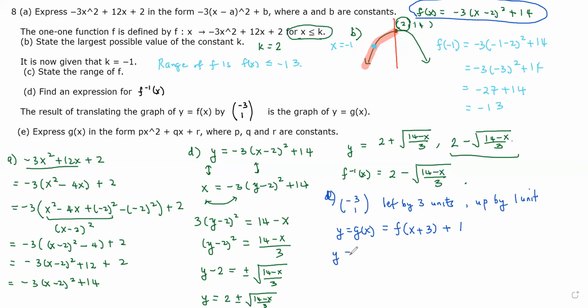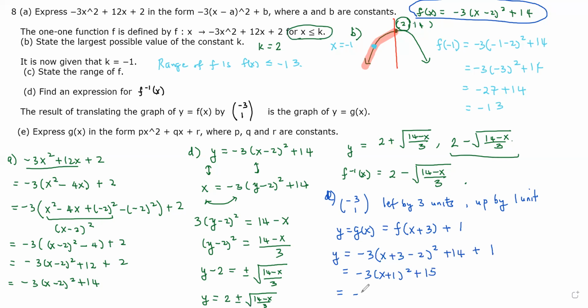So y now is g of x. We have negative 3, the x is replaced with x plus 3: x plus 3 minus 2 squared plus 14, and we need to add a 1 here as well. So that is negative 3 times x plus 1 squared plus 15.